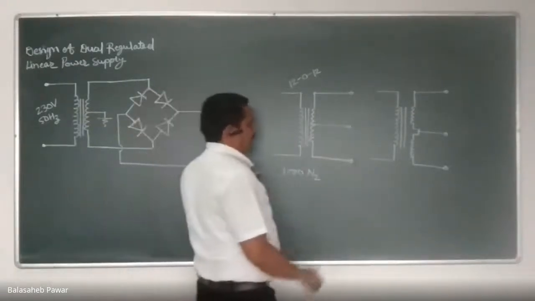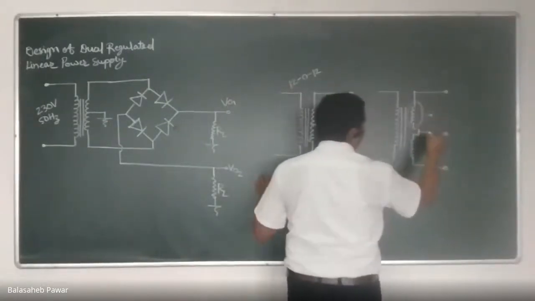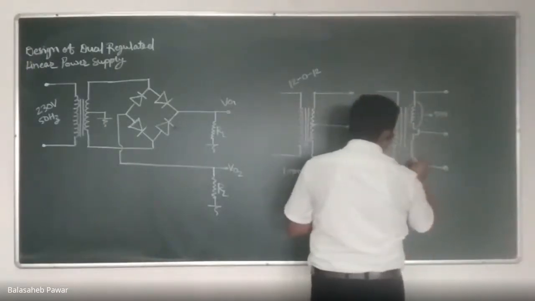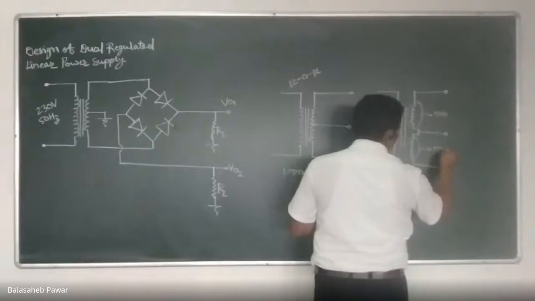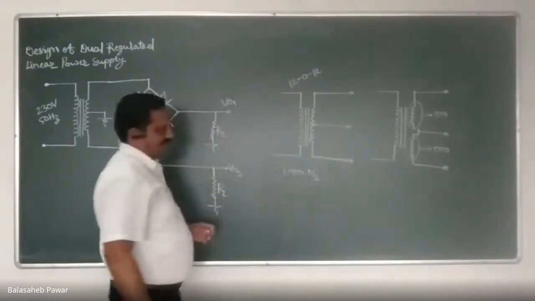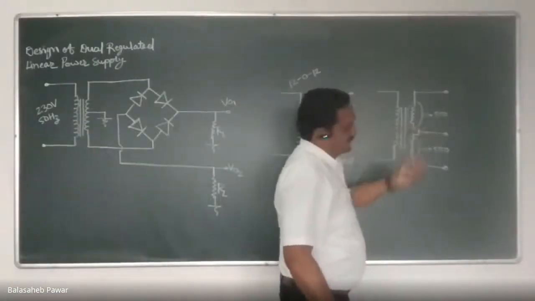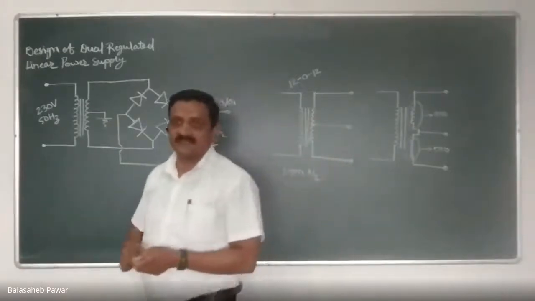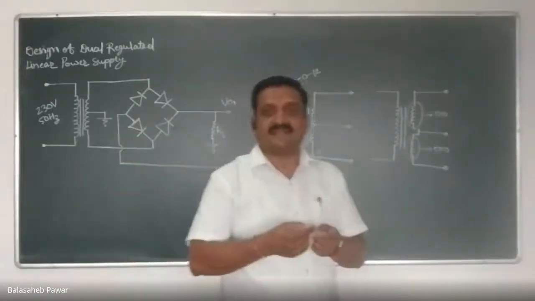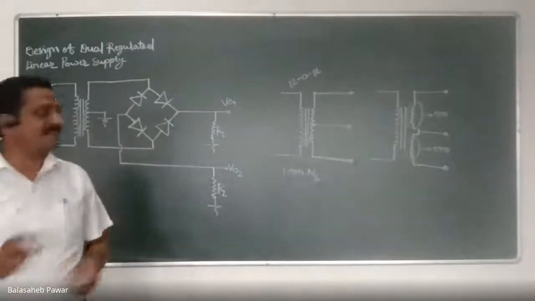This first half of the secondary will have 500 turns, and the remaining half of the secondary will again have 500. Do you agree with this? That's why we say the total number of turns of the secondary is 1000. At 500 turns, the enamel of that insulated copper wire is removed, and by soldering, that separate center tap terminal is extracted. So this is the simple construction of the center tap transformer.